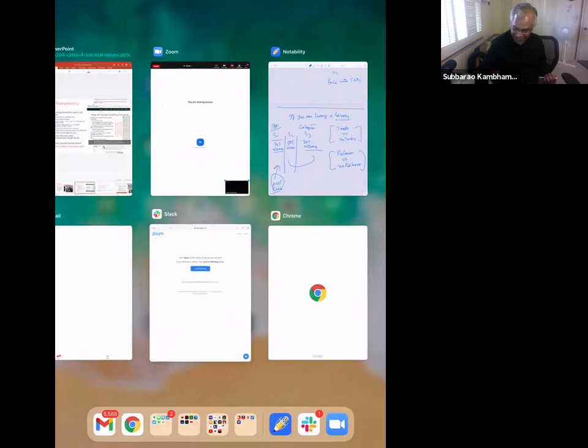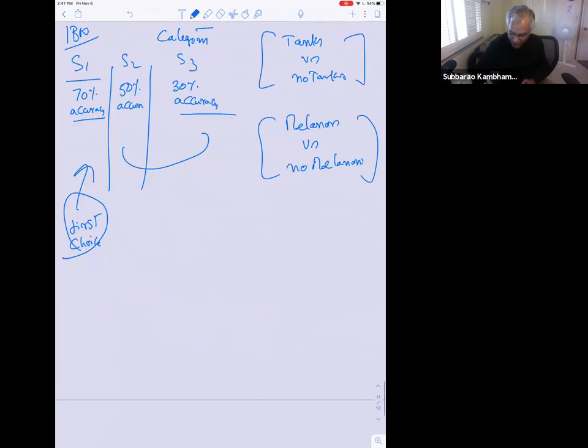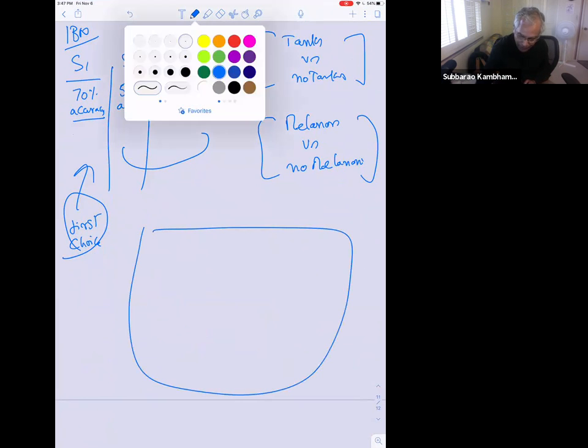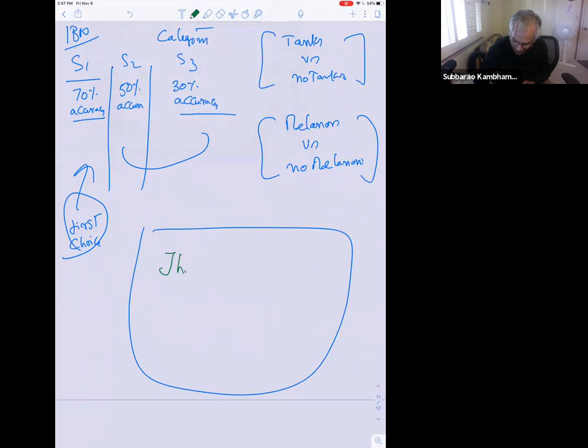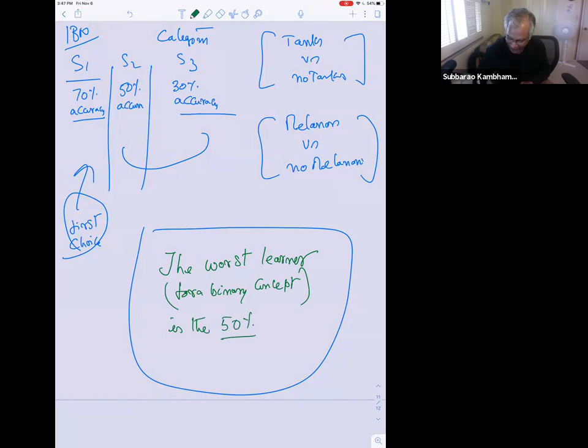So this is actually a very important point. The worst learner, for a binary concept at any rate, is the 50% accuracy one. It's very important to understand.